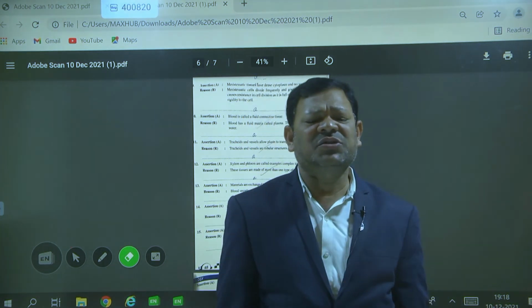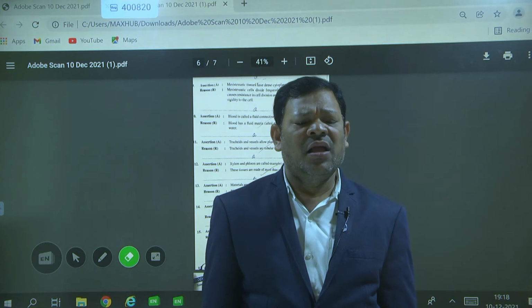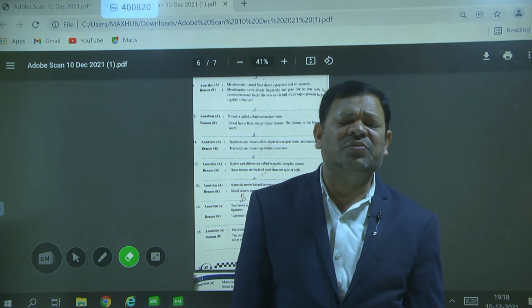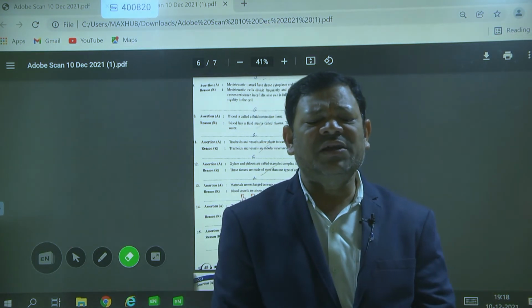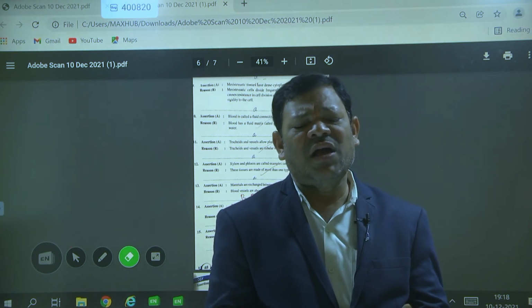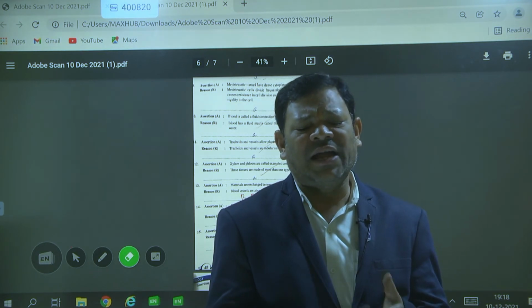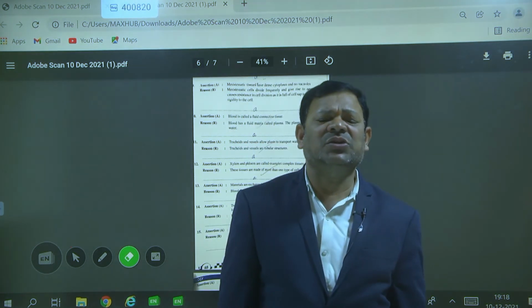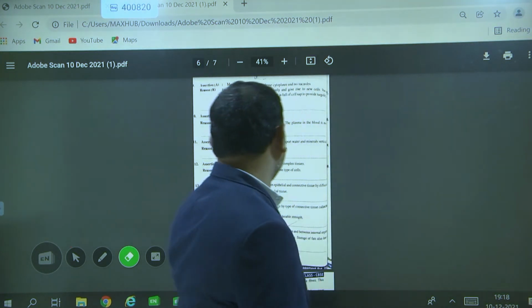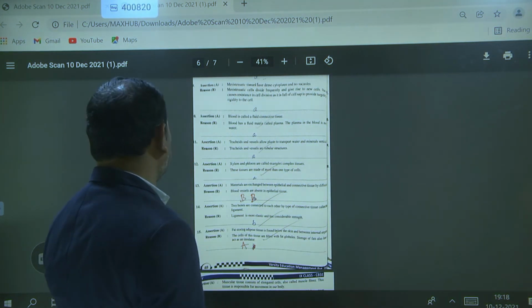Simple permanent tissue is made up of only one type of cell, and complex permanent tissue is made up of more than one type of cell. Simple permanent tissues are parenchyma, collenchyma, and sclerenchyma. And complex permanent tissues are xylem and phloem. So that's why option A is the correct answer.